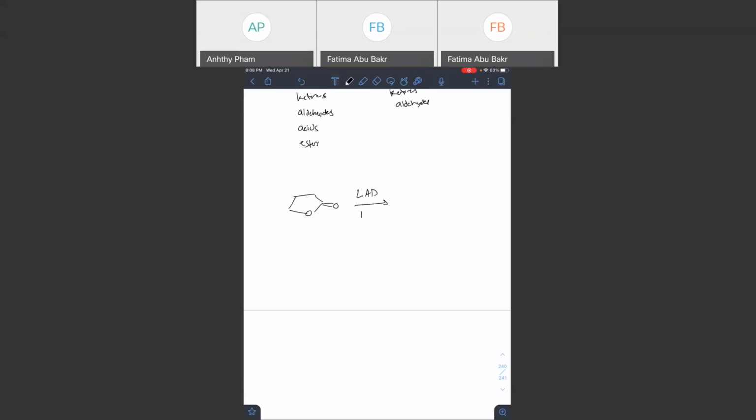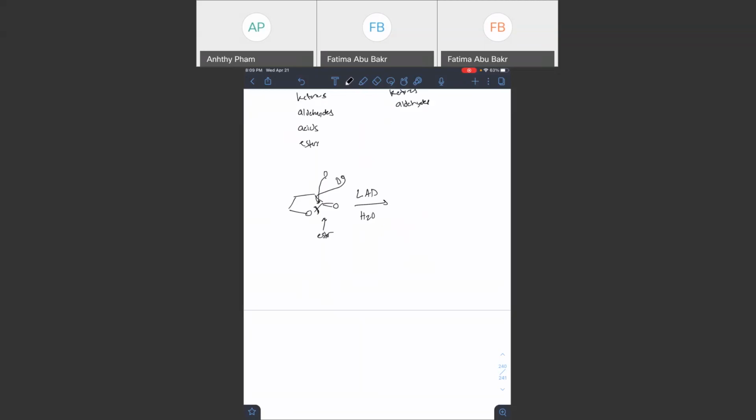and H2O. And in this situation, LAD is able to react with this. This is an ester. So it will react, and what will happen is that a D- will come and attack here, and that will break this off, and then another one will come and attack.